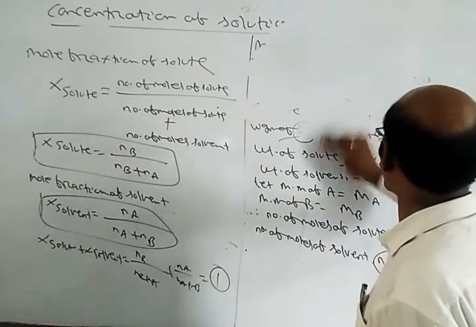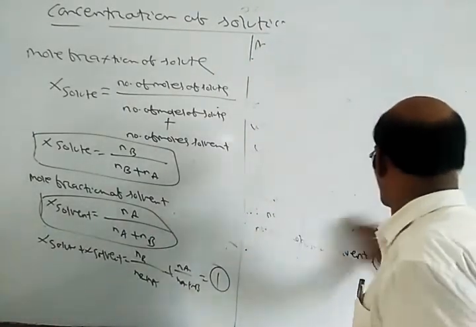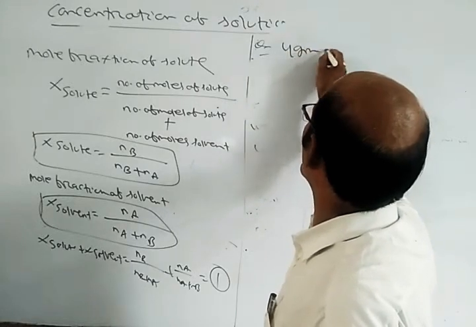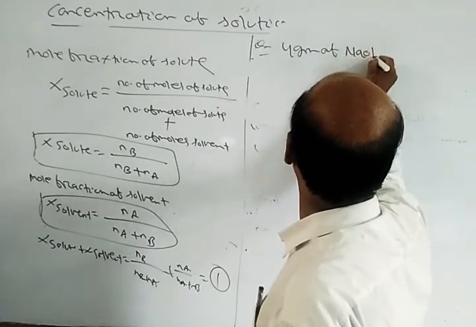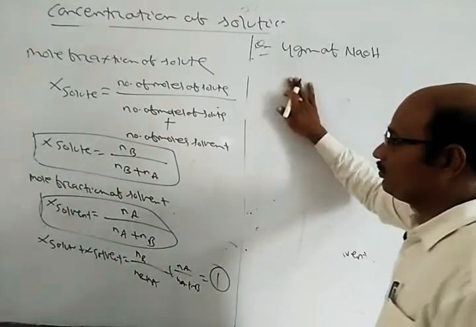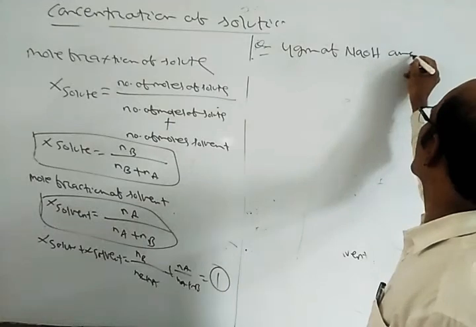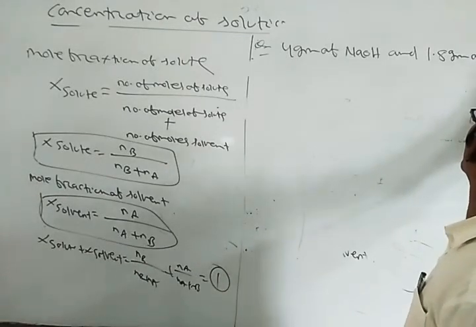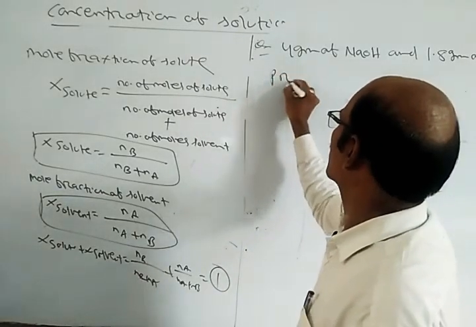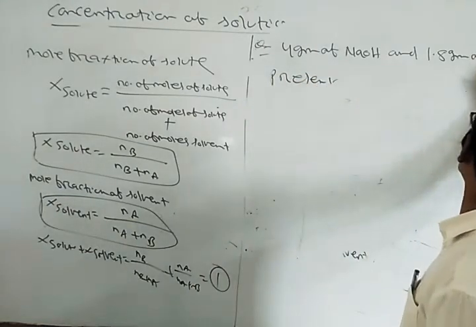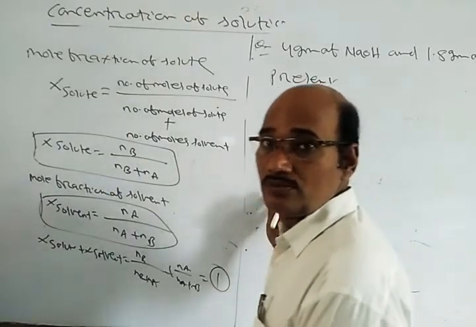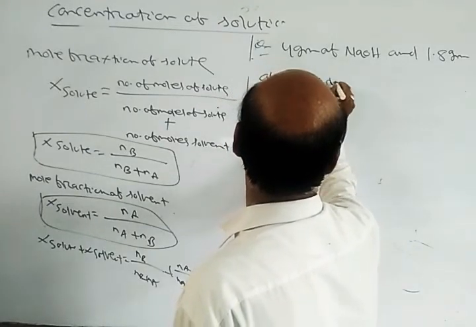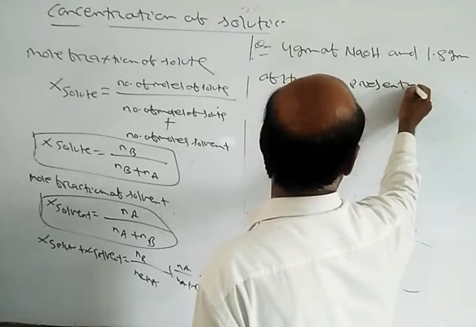Now we can examine this with the help of a numerical. Suppose the question is: 4 gram of NaOH and 1.8 gram of H2O are present in a solution.